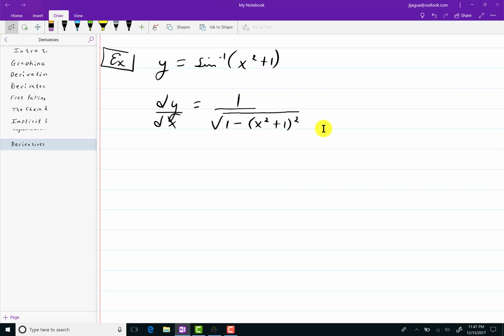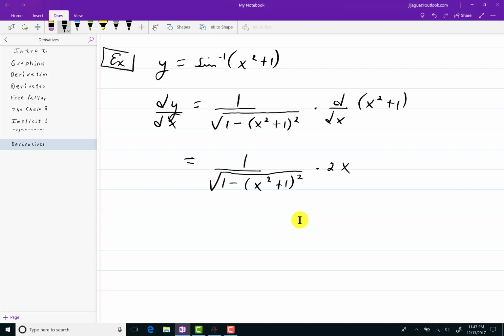And then as before, I need to take the derivative of x squared plus 1 because of the chain rule. I don't see any simplifying that I'd really want to do on this radical, so I'll just go ahead and leave it like that. But the other piece, the derivative of x squared plus 1 is simply 2x.